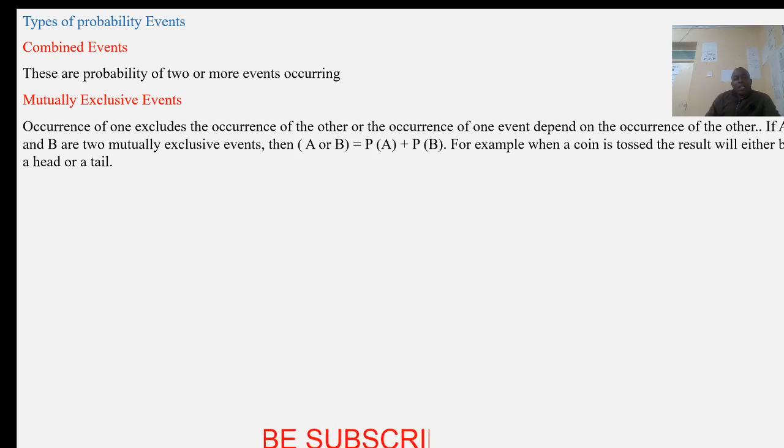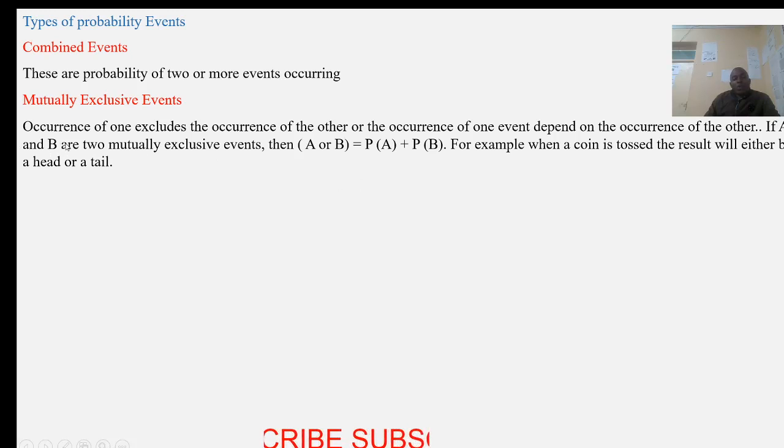Traveling by car excludes the possibility of traveling on foot. So they are mutually exclusive events. Usually if one occurs, the other cannot occur.